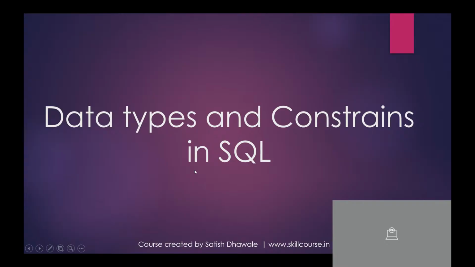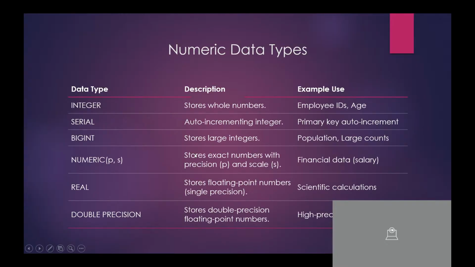So what is a data type? As we have seen in the Python class, there are data types such as integer, float, boolean, and string. But in SQL, what are the numeric data types? Integer stores whole numbers, because an integer is always a whole number.